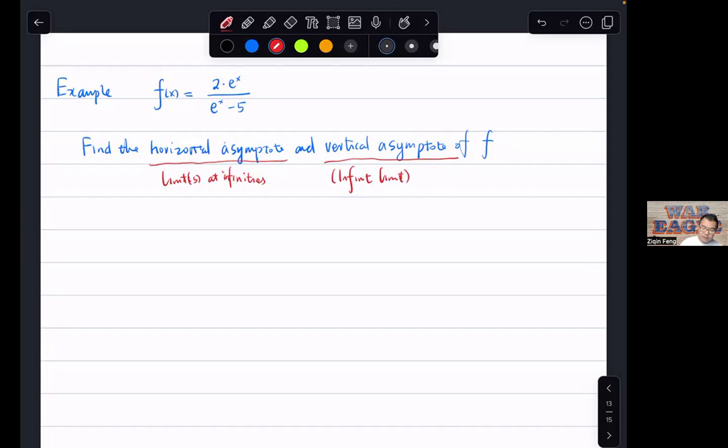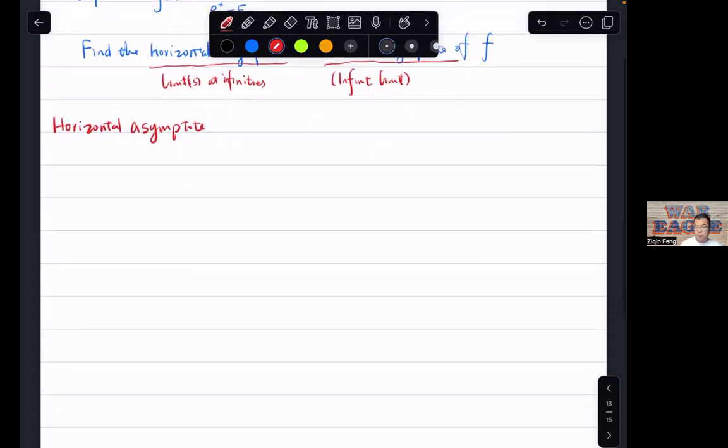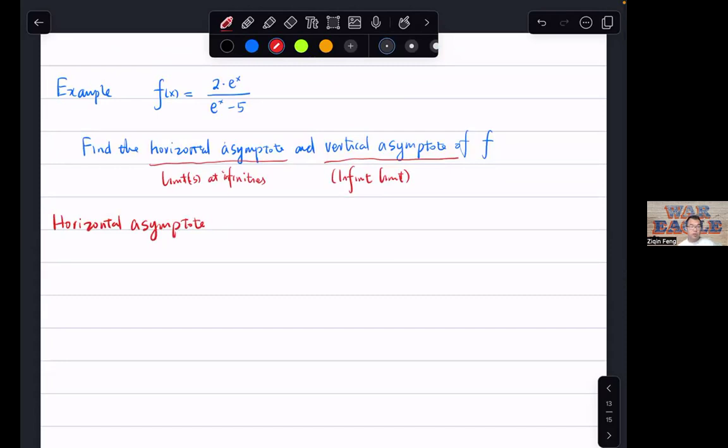That's the difference. One is you are looking at the limit at infinities. The other is you look at a number such that at this number, the limit is infinity. So let's start with the horizontal asymptote. We want to evaluate two limits because we have two infinities: as x goes to infinity of f of x, and as x goes to negative infinity of f of x.